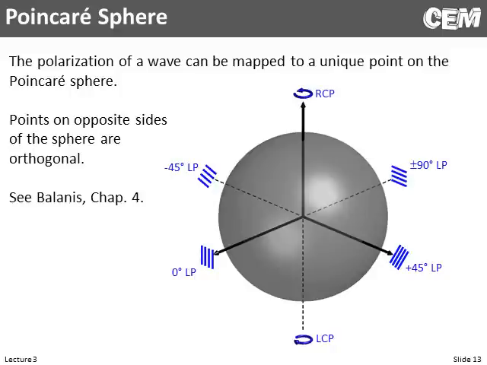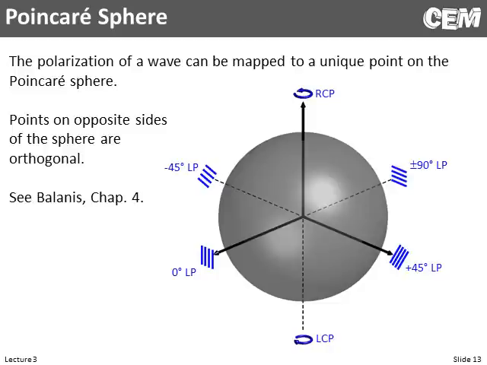So there's this thing called a Poincaré sphere. And think of it like the Earth. Around the equator, we're going to map all the possible linear polarizations. So maybe we'll start out at 0 degrees linear polarization. If we go around a quarter of the circle, now we're polarized at a 45-degree angle.